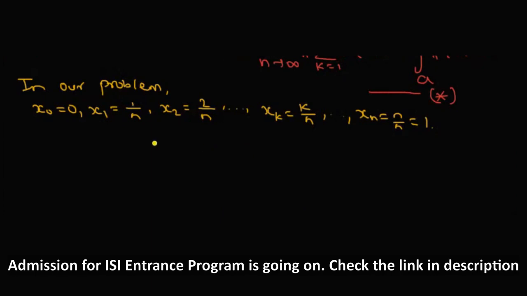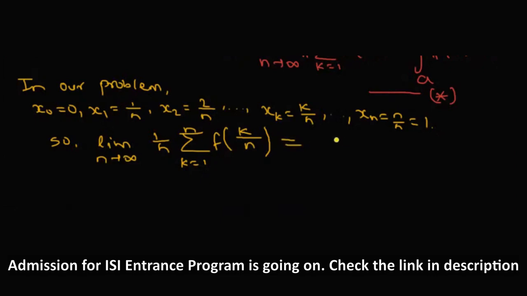So limit n goes to infinity, 1 by n summation of k from 1 to n, f of xk. And what do we have for xk? xk is equal to k by n, because a is 0, so a plus k by n is 0 plus k by n.